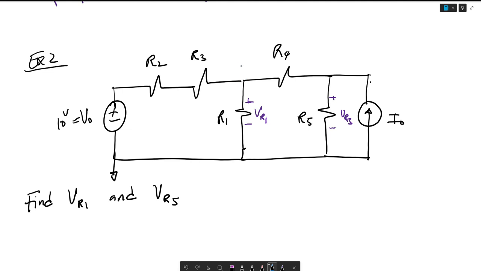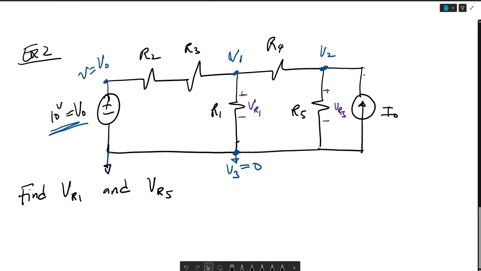So I'm going to label this as V1, this as V2, and this as V3. Keep in mind, V3 is automatically 0 because it's connected to ground. And I'm going to label this as V equals VO, which is given to me as 10 volts. That's my power supply, or my power source.